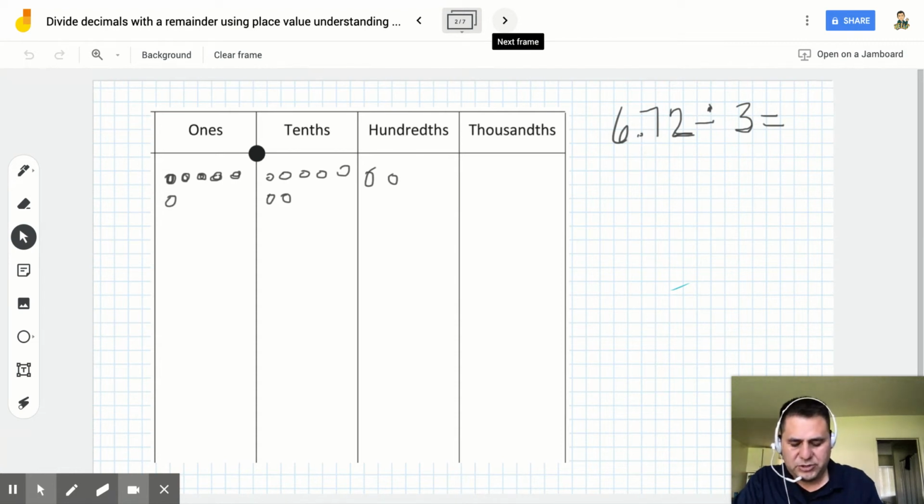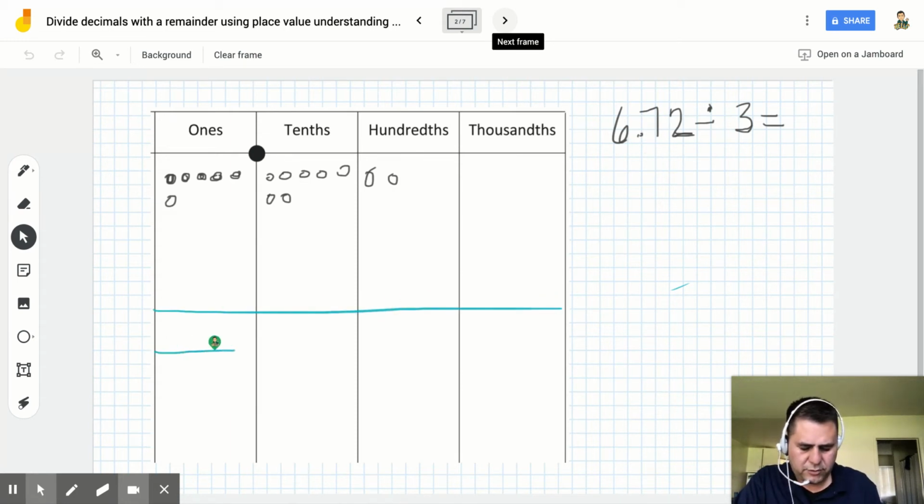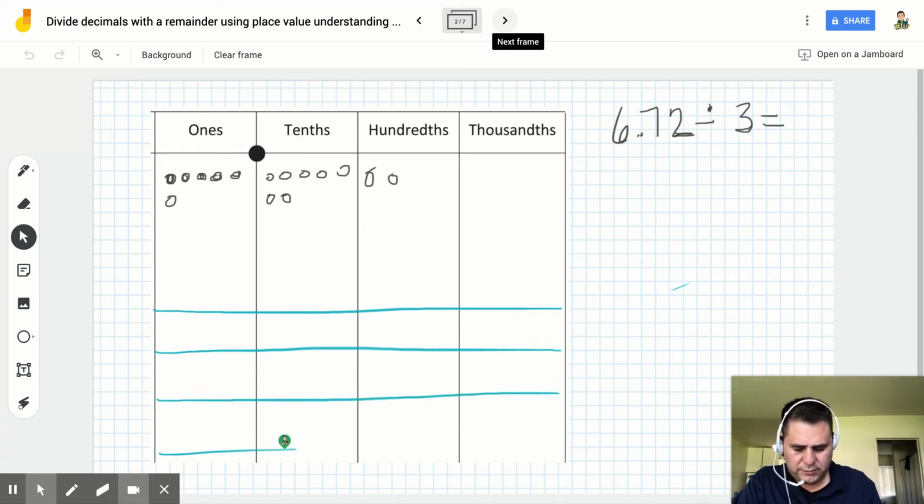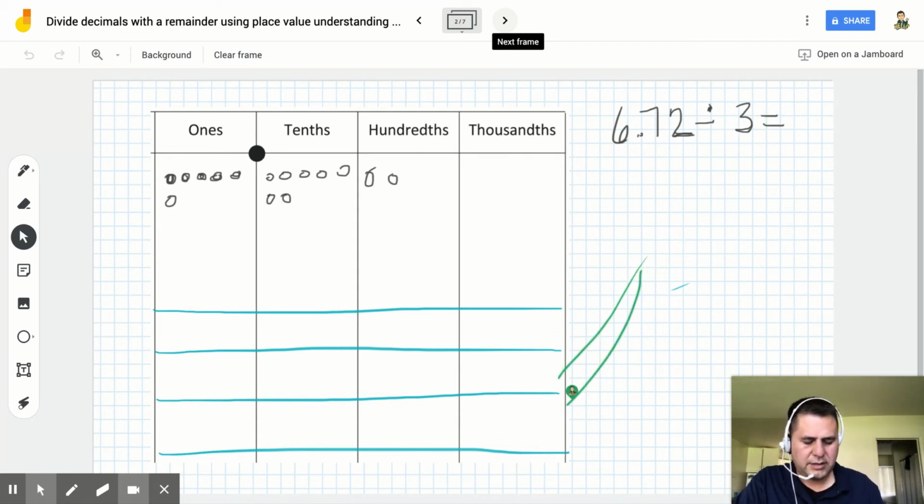How would I show my 3 people? Well, I can show them down here as the groups. First row is the first person, second row, and third row. Once again, this 3 is represented here as those 3 rows.